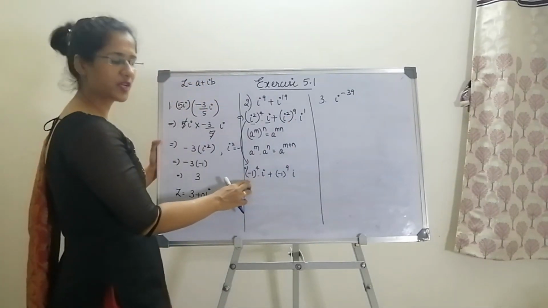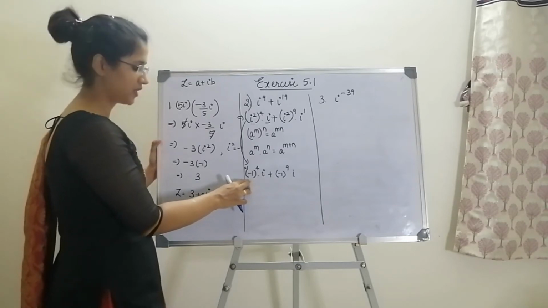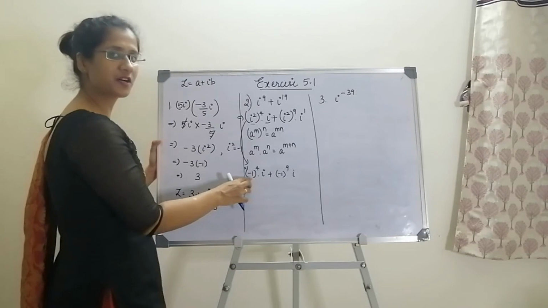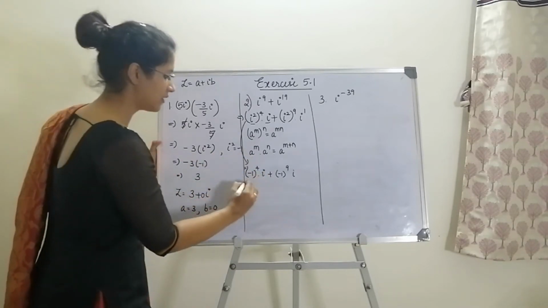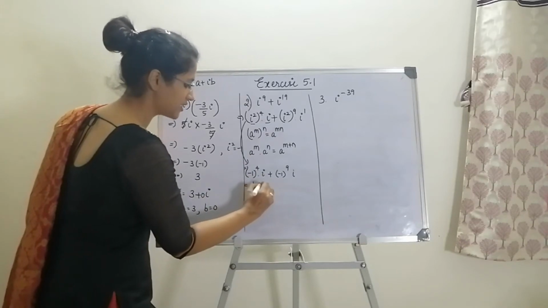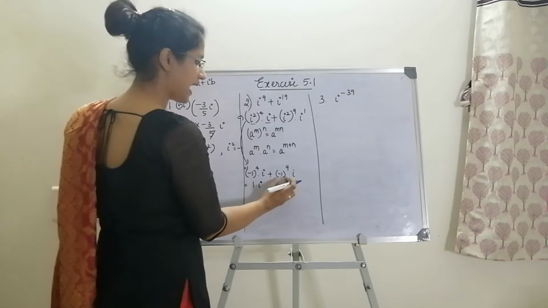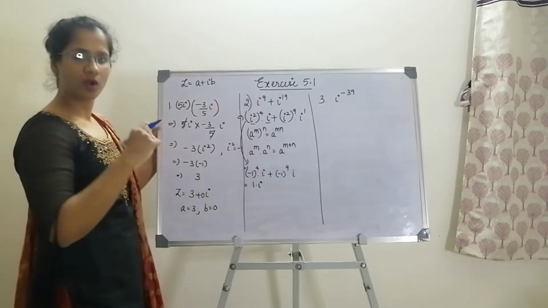In my previous video, I have told you all that if I have a negative term and this negative term has an even power, then I will always get a positive value. So that is 1 into i. Next I have a negative term with an odd power.